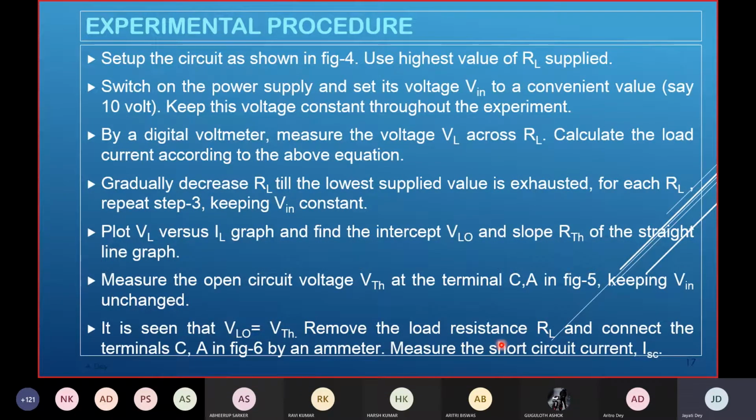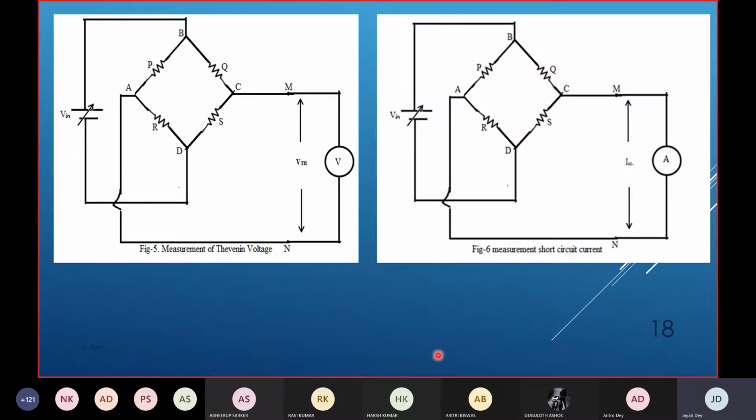Remove the load resistance RL, connect the terminal CA by an ammeter and measure the short circuit current. So how will we measure the short circuit current? It gives you the open circuit voltage, and when you short it through an ammeter at the terminals where the load resistance was previously connected, we measure the I short circuit current, right?